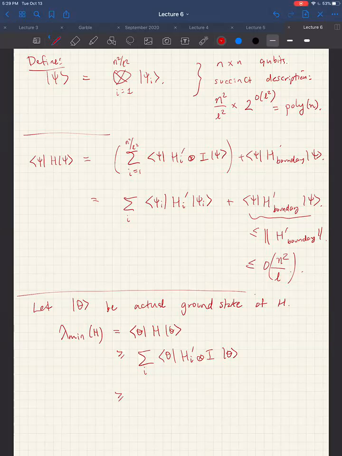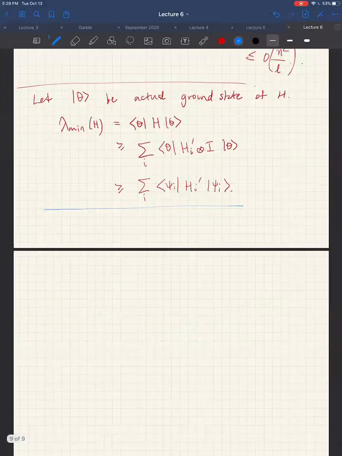But now I claim that each of these, the energy of theta with respect to this super term H i is always going to be at least the thing that we already found to minimize it. So basically we can now combine these two derivations, and what do we get?